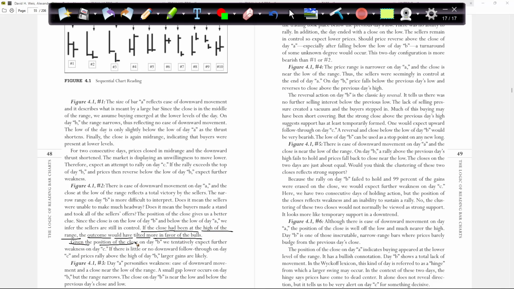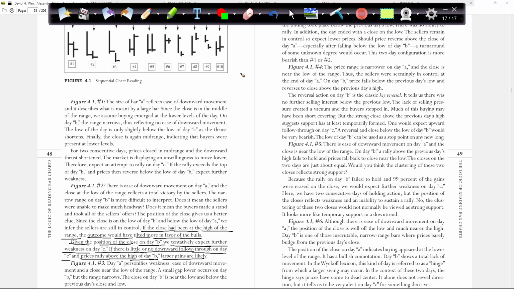Now, given the position of the close on day B, we tentatively expect further weakness on day C. If there is little or no downward follow through on day C, and prices rally above the high of day B, larger gains are likely.